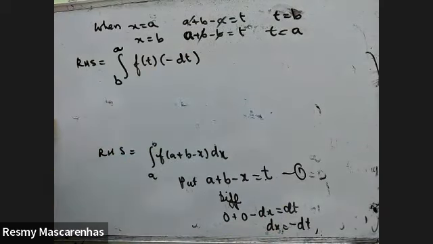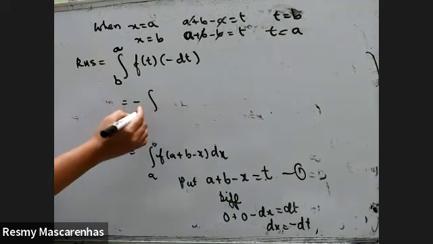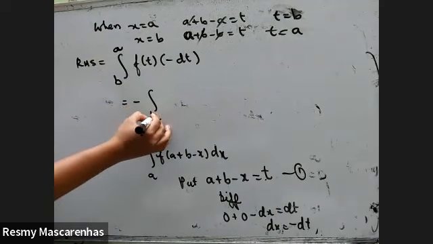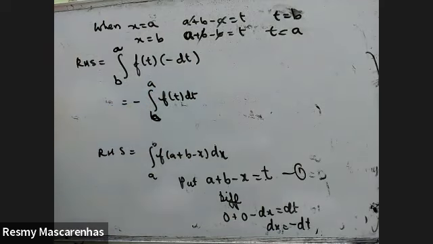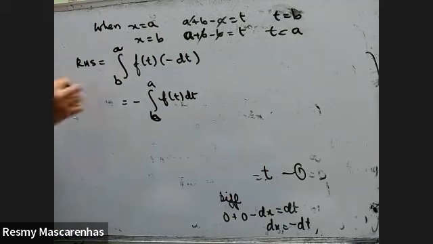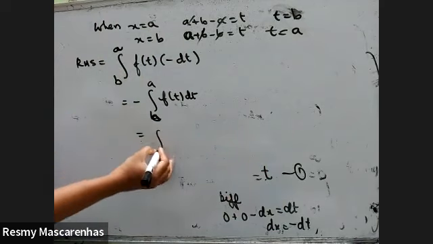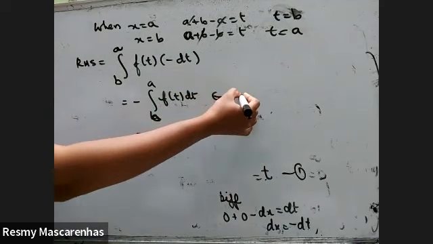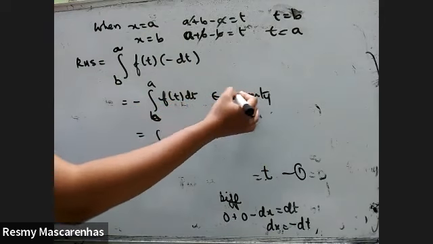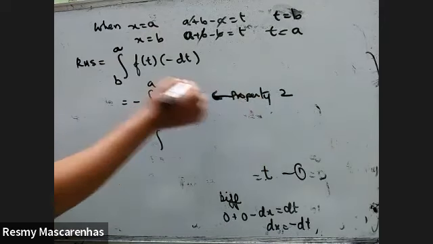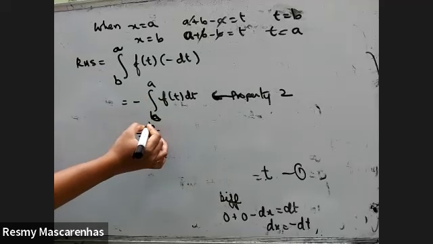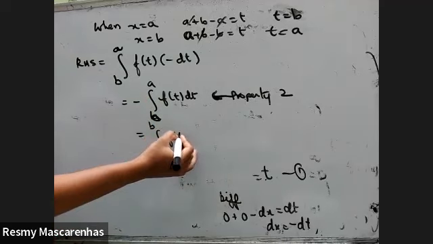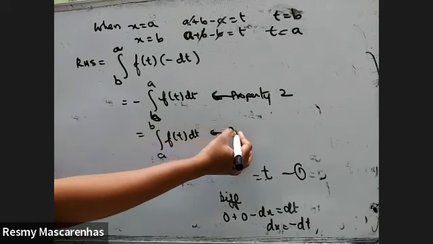Take minus sign out. And then this will reverse. Use property 2. Minus you can use here and change the limits. And then use property 1 here.